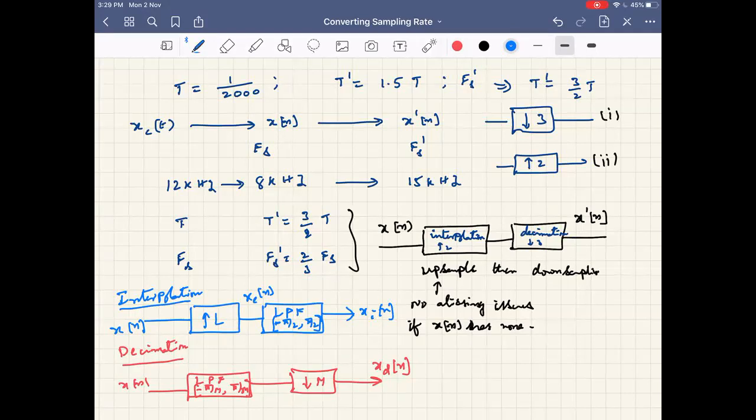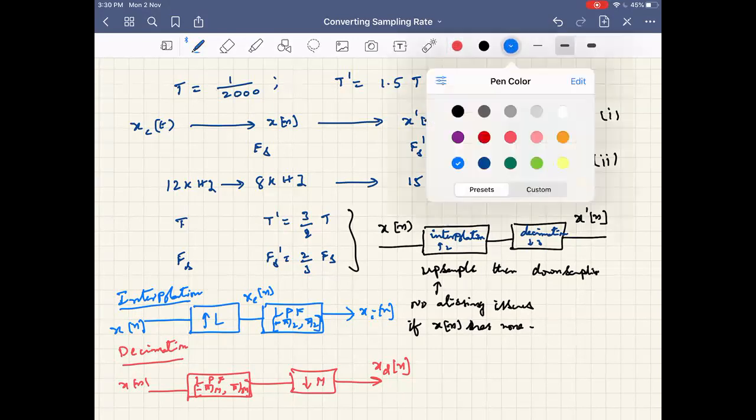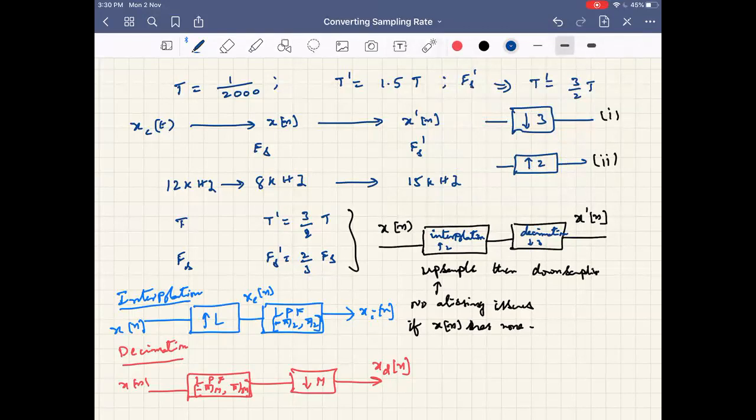If you want to do sampling rate conversion, for interpolation I will write the rate here, by L times, and this is by M times. Interpolation has both blocks: upsampling or expansion, and avoiding the additional spectral bands other than the signal spectrum, the frequencies that are there in the original X of e power j omega.